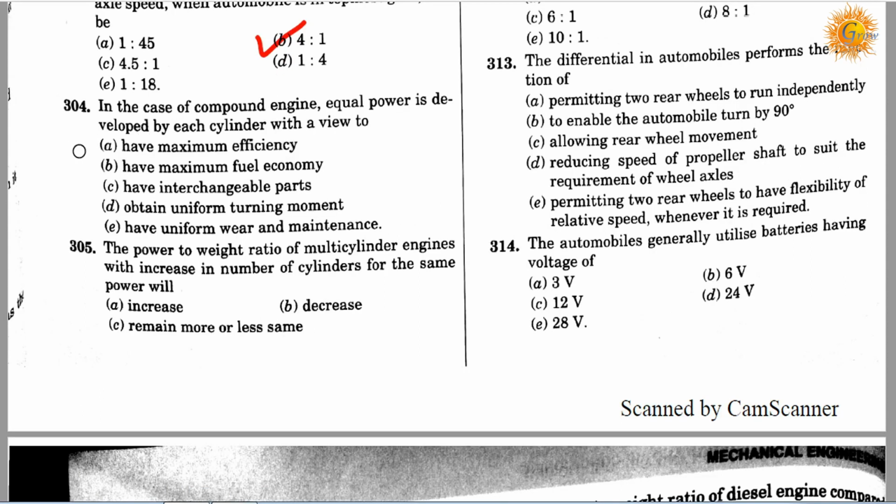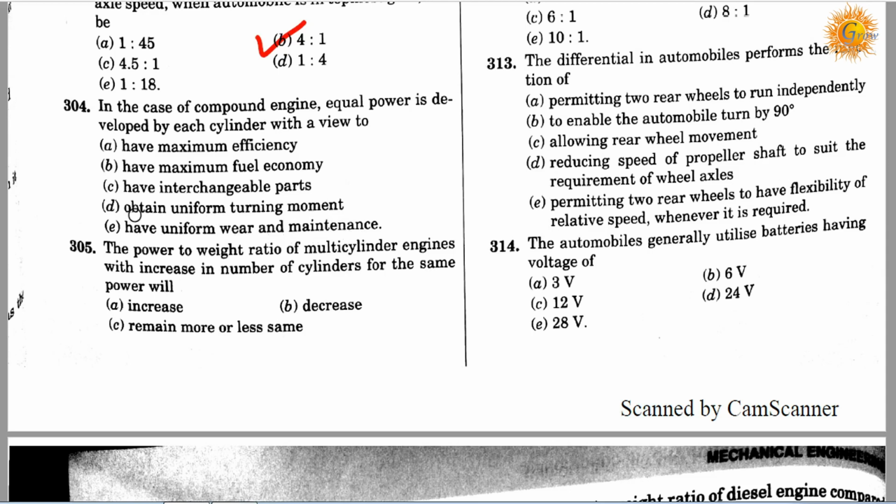Question number 304. In the case of a compound engine, equal power is developed by each cylinder with a view to: option A, have maximum efficiency; option B, have maximum fuel economy; option C, have interchangeable parts; option D, obtain uniform turning moment; option E, have uniform wear and maintenance.